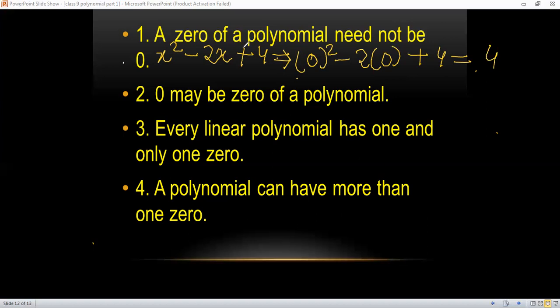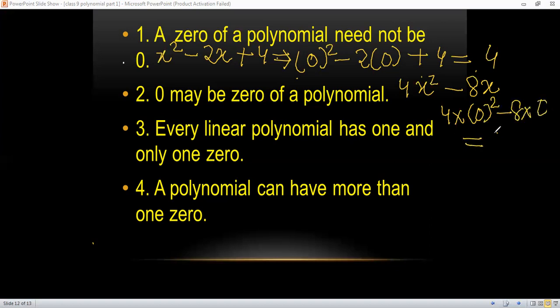That means a zero of a polynomial need not be 0. But 0 may be a zero of a polynomial. If I put the value of x as 0 in an expression like x square minus 8x, I will get 0.